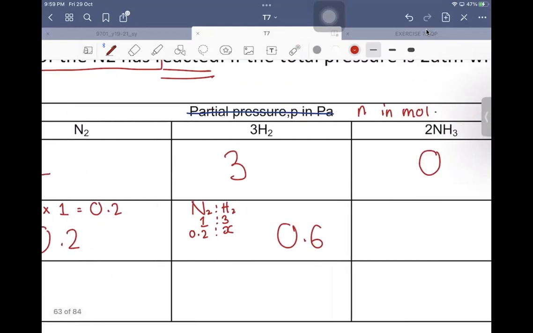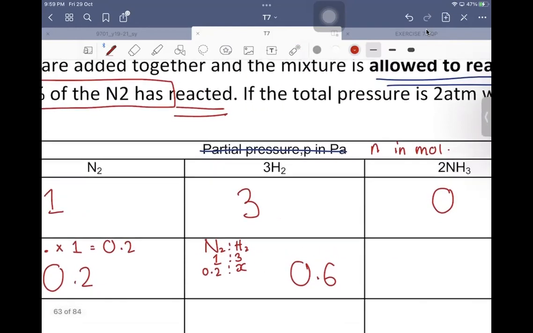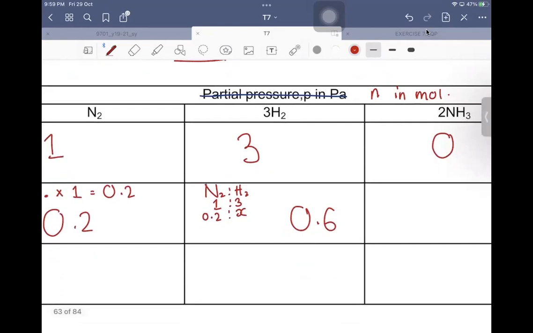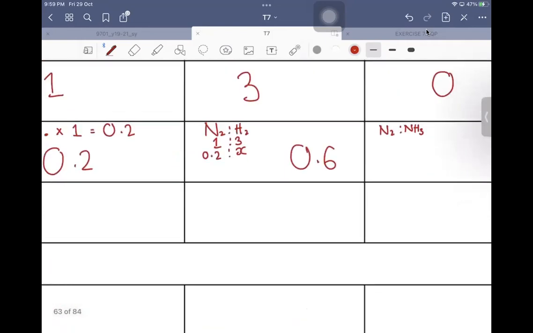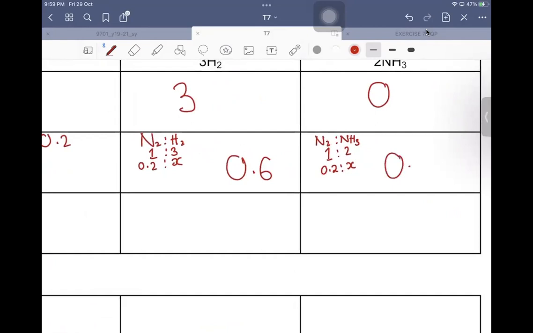Next, if I know I used 0.2 moles of nitrogen, how many moles of ammonia would I have produced? So the ratio is 1:2. 0.2 nitrogen, X is the number of moles for ammonia, and it turns out you would have produced 0.4 moles of product, or in this case, ammonia.